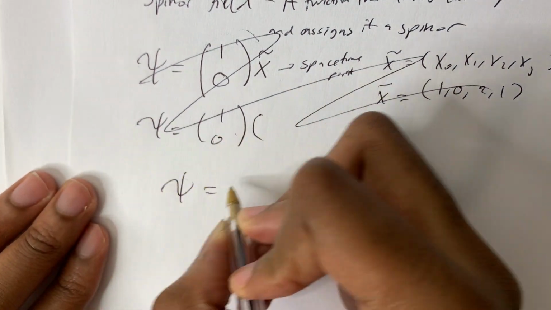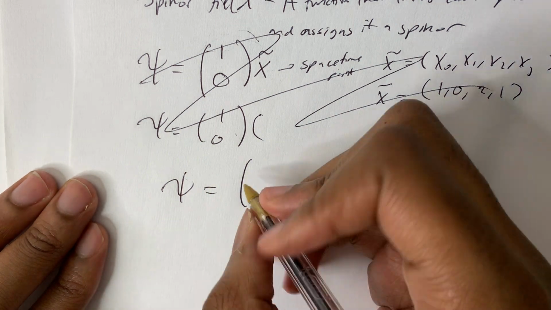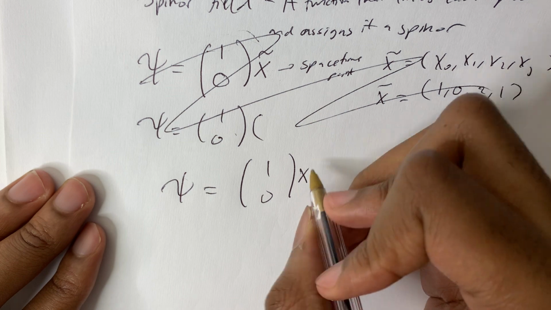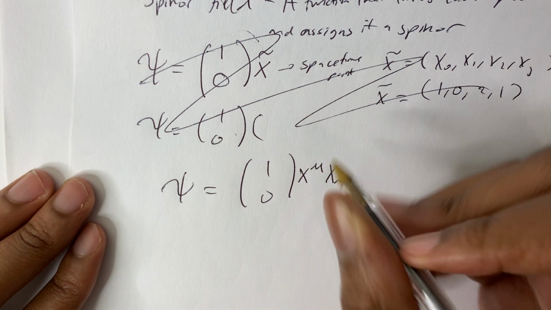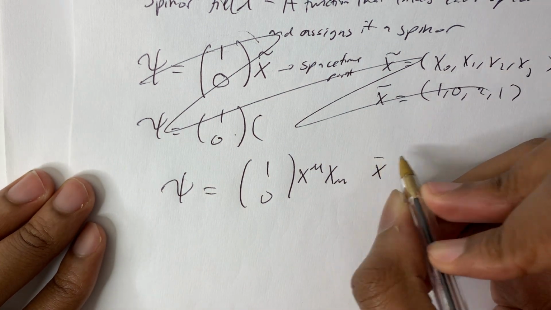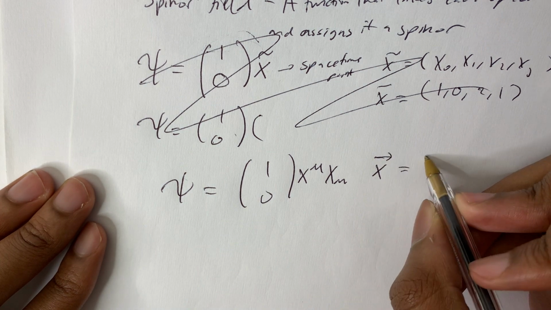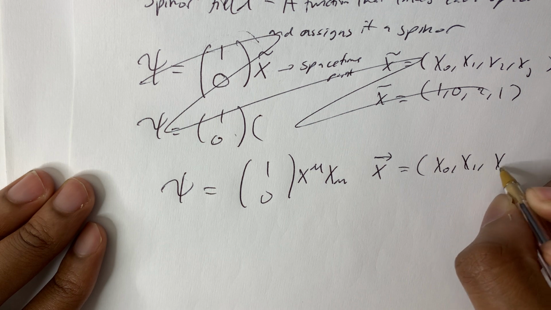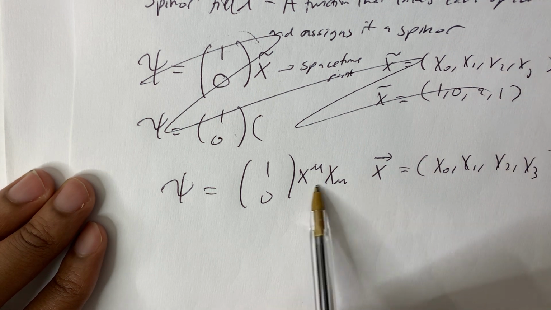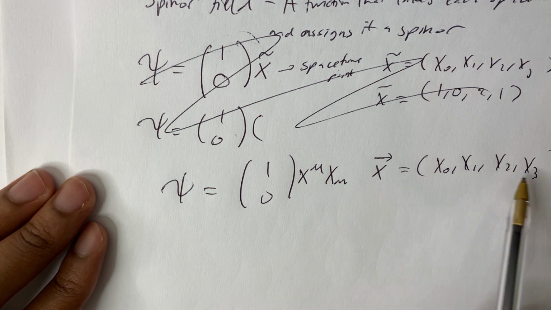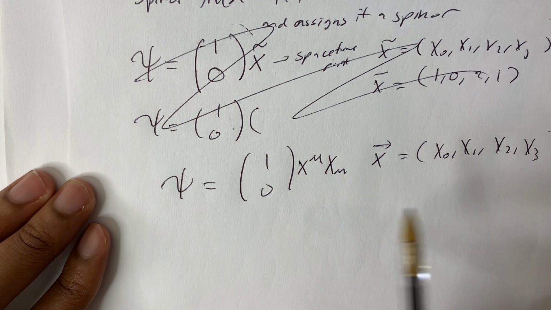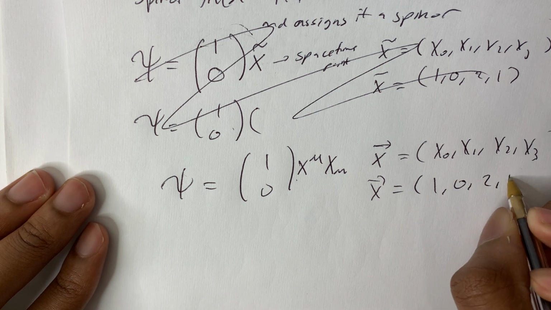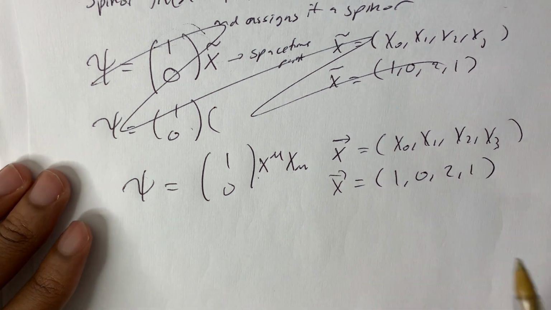So psi, let's say we have some field: (1, 0) times x_mu, where this x vector is some space-time point x0, x1, x2, and x3, and this is the dot product of that. Say you have some space-time point (1, 0, 2, 1), something random.